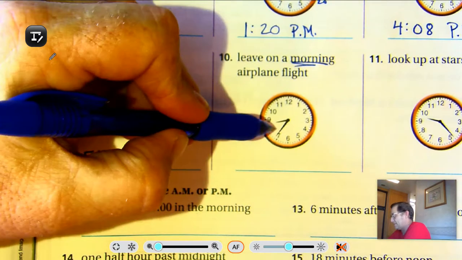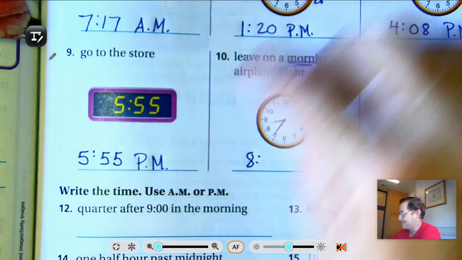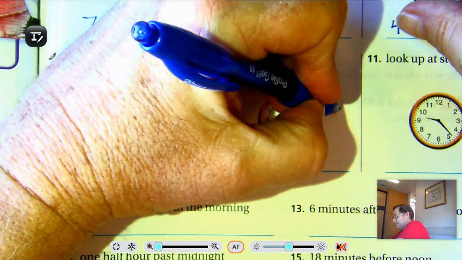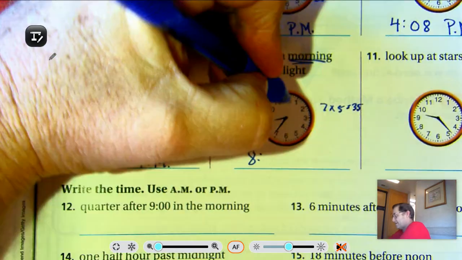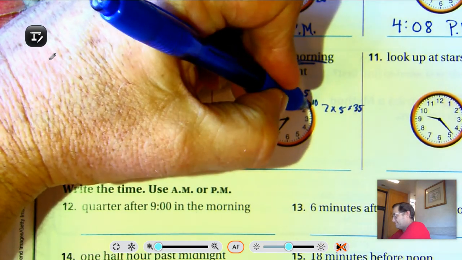So the hour hand is in between 8 and 9, so it's 8 o'clock. The minute hand is past the 7, so 7 times 5 is 35. If I need to count forward, I count by 5s until I get to the 7.